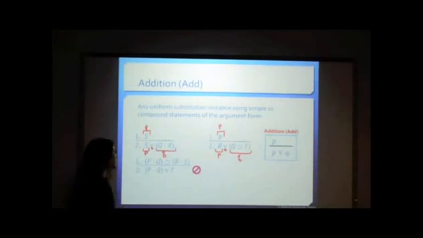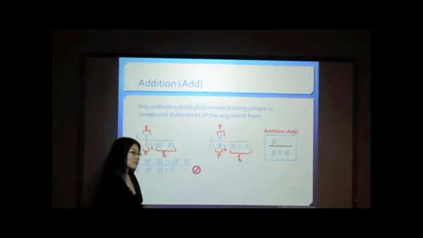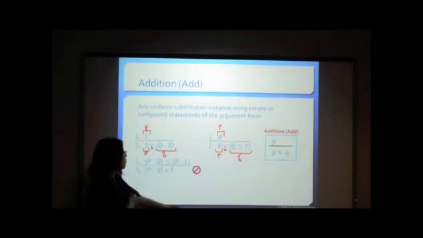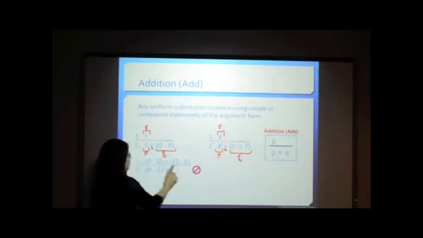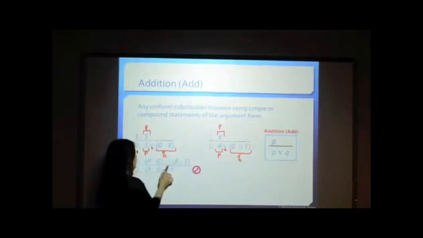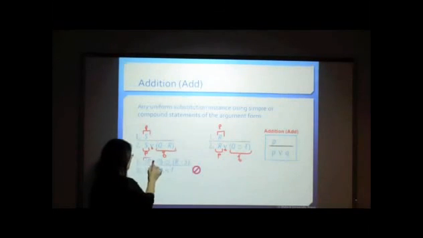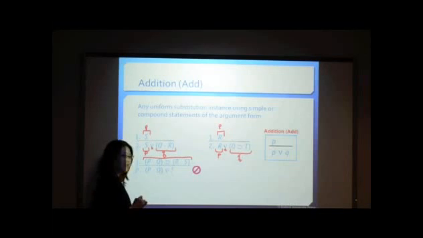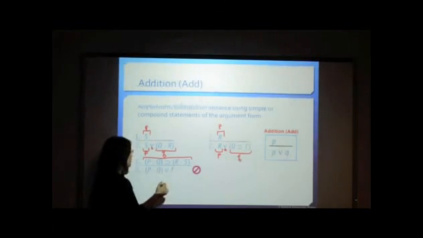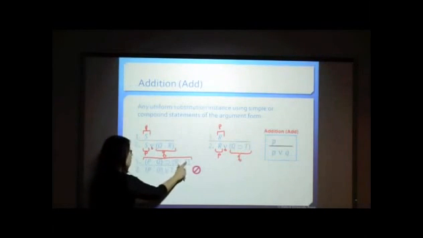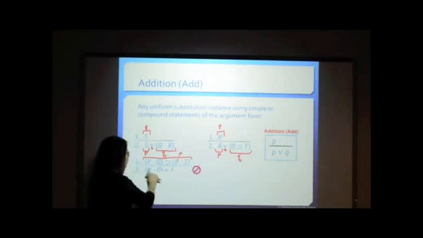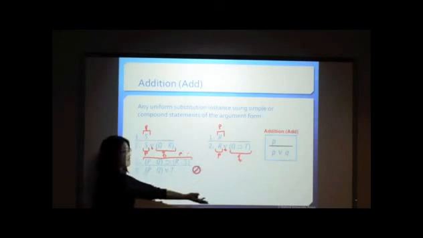Now here we have an example of something that you might think is an addition, but it is not an addition. Why? Well, look here. For the premise, we have the statement P dot Q horseshoe R dot S. However, in the conclusion, we don't have the disjunction of this statement and some other statement.